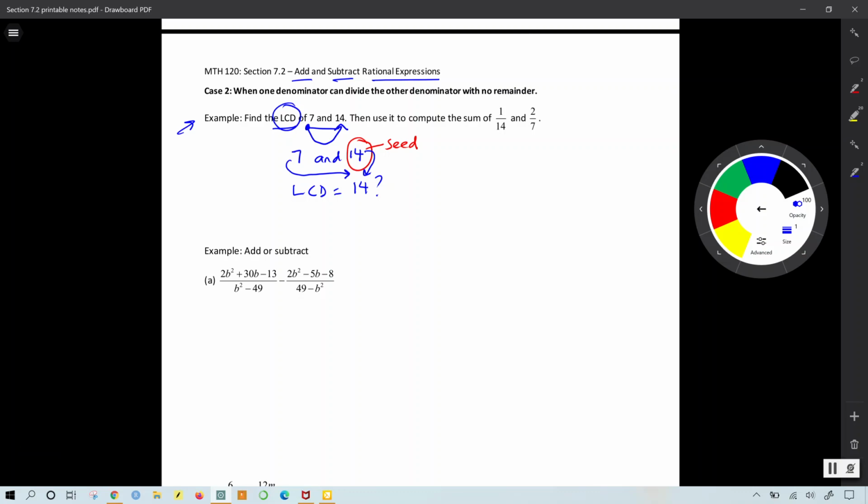Why is that important to us? Because in the next part of the question, which is to find the sum of 1 over 14 and 2 over 7, it will make our life a lot easier. If we know the LCD to be equal to 14, all we have to do is to find a way to ensure that both denominators match the LCD.